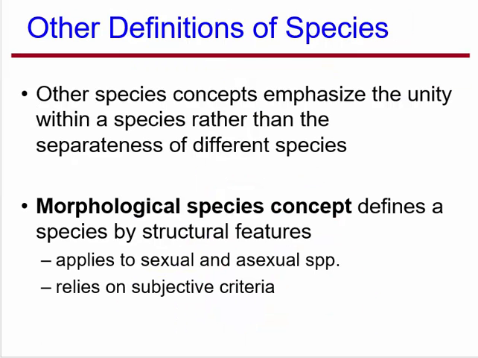These other species concepts typically emphasize looking at similarities between species in different ways. The first one is called the morphological species concept. I think this is maybe the most straightforward, and probably the earliest species concept. You look at something and say, this one looks different from that one, ergo, those are different species. There may be some issues with that, of course. It may rely on subjective criteria.